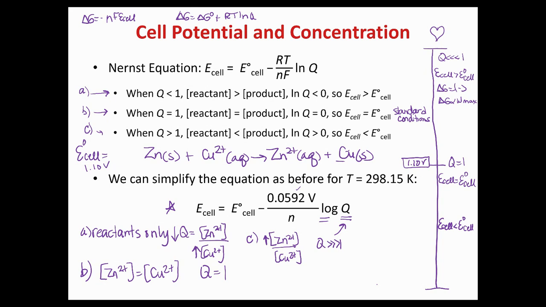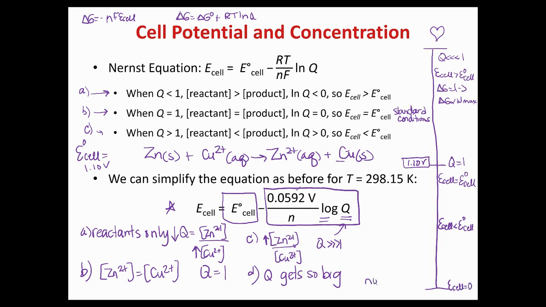Okay, so what is happening to our battery then? We start off with maximum work, we reach standard cell conditions, and then it's less work, less voltage. And then ultimately, what will happen is Q gets so big, this term equals this term, and E of cell ends up being 0.